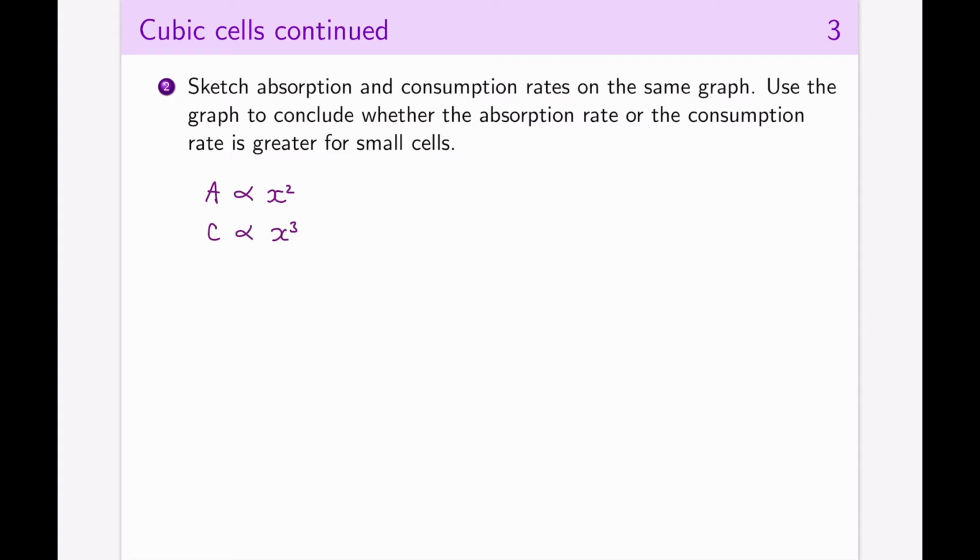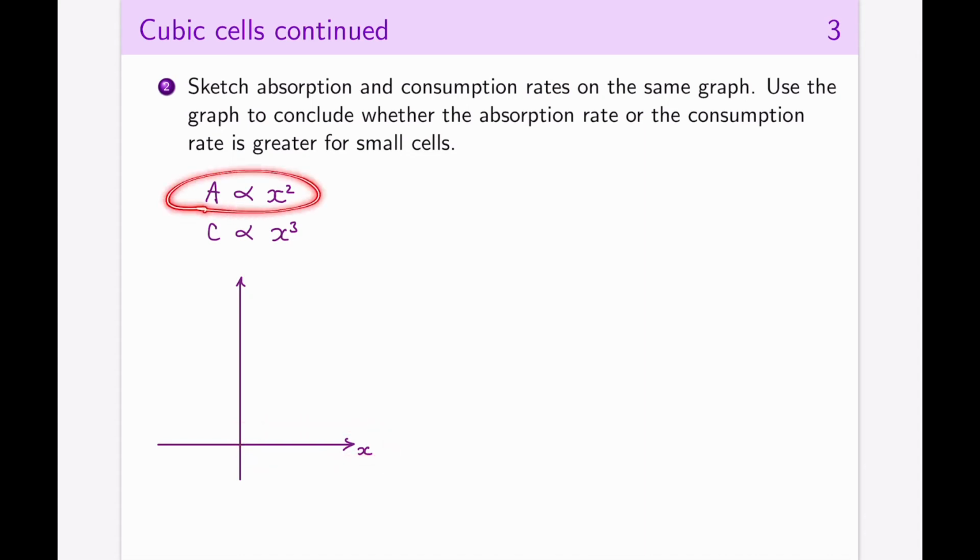So I need to draw x squared and x cubed. Because x represents the side length of a cell, the x's we care about are positive. I'm going to draw the graph for both negative and positive directions to be mathematically comprehensive, but we only really care about positive values of x.